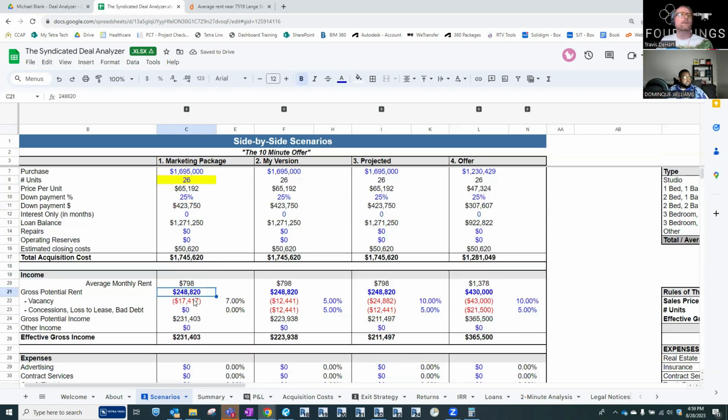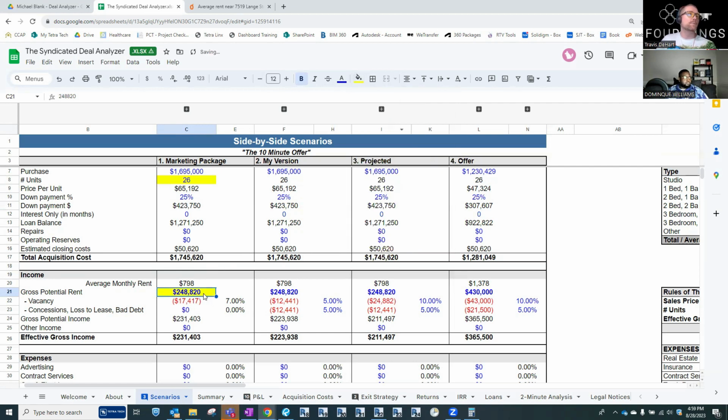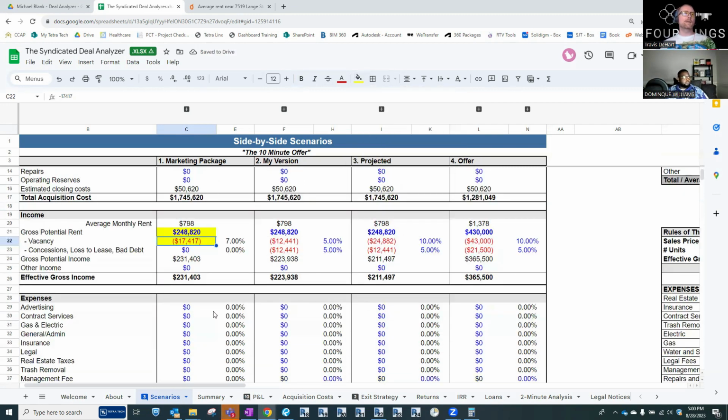We came down here and plugged in what the gross potential rent was, what the vacancy is. Sometimes you'll see properties that say 100% occupancy at all times, and you can't have 100% all the time. There's got to be some turnover at some point. So that's where we came in here with ours and just plugged those in, so that we know it's going to happen. Let's go ahead and be prepared for it.